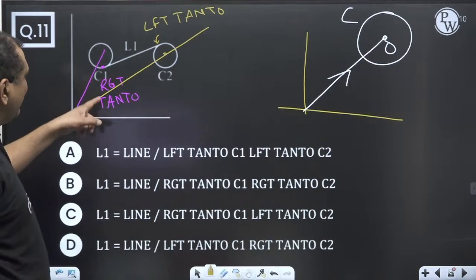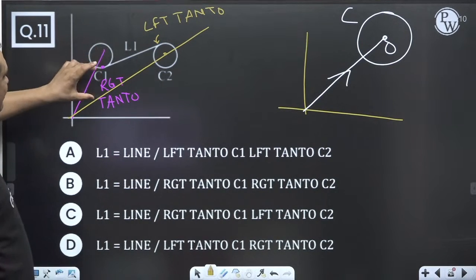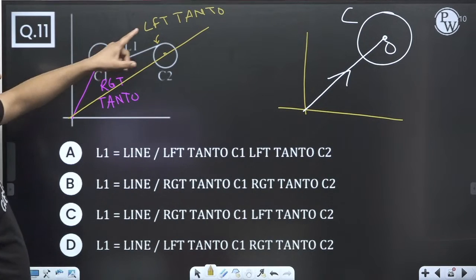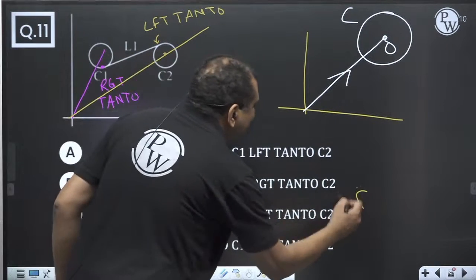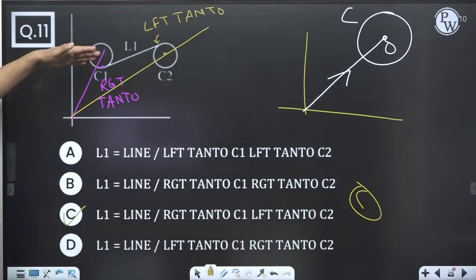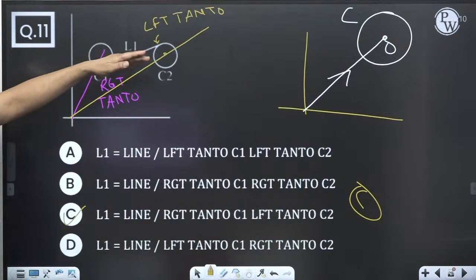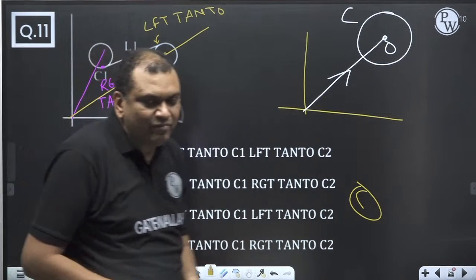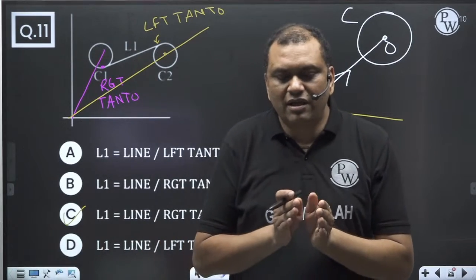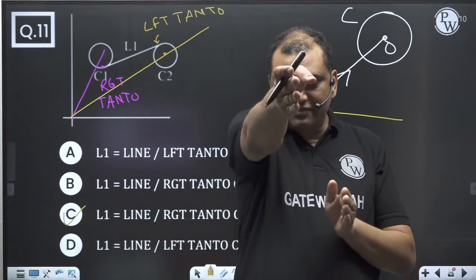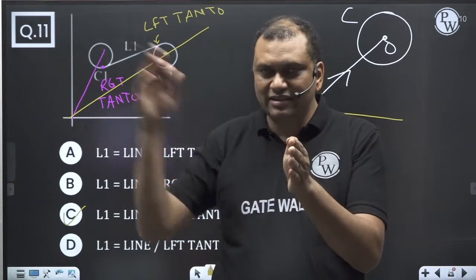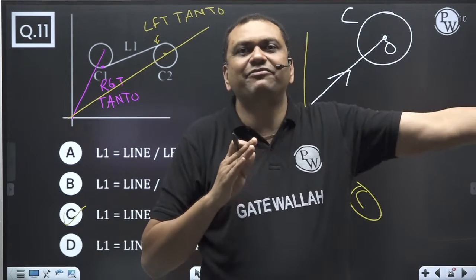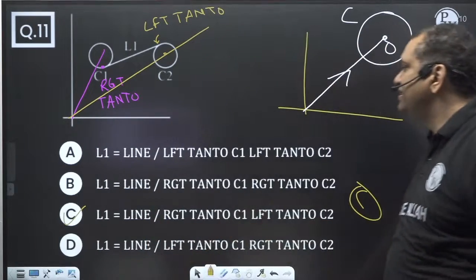So L1 is a line which is right tangent to C1 and left tangent to C2. See? Right tangent to C1 and left tangent to C2. Once again, from the origin, I am going towards the center of the circle. My right hand side is called right. My left hand side is called left. So the answer will be C.